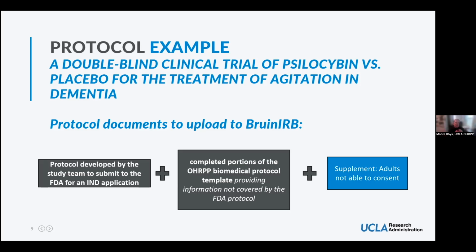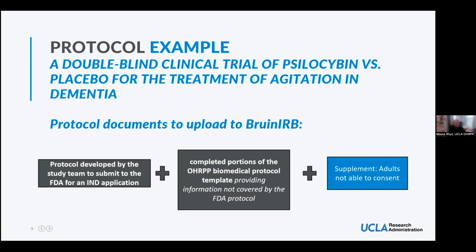So we'd ask you to give us the FDA protocol that you already have, plus whatever portions of the biomedical protocol template for subject contact that are not sufficiently fleshed out in that FDA protocol. So we recommend that you go through your protocol and then go through the template to fill out anything that's not covered.